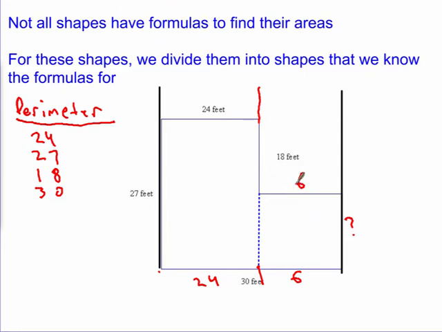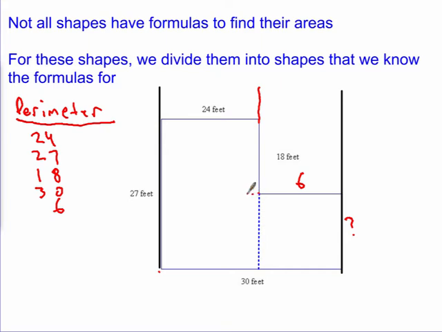All right, so notice how I did that. I said this whole thing is 30. This part of it's 24. How much is left? 6. So I've got that 6 there. Put that over here. Similarly, we know this whole thing is 27, and we're told that this part is 18.